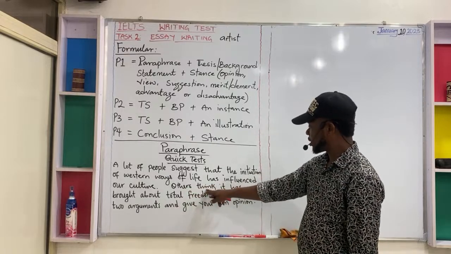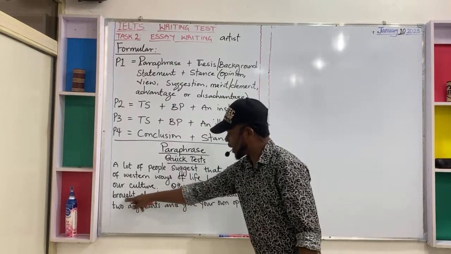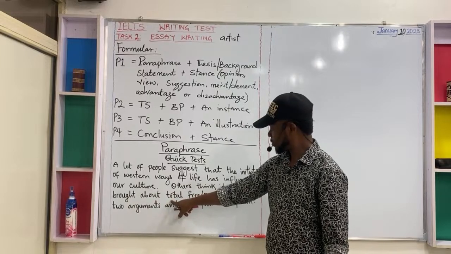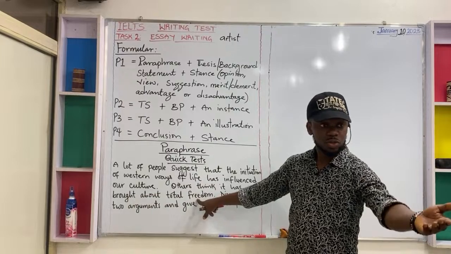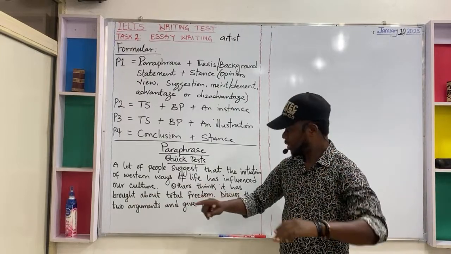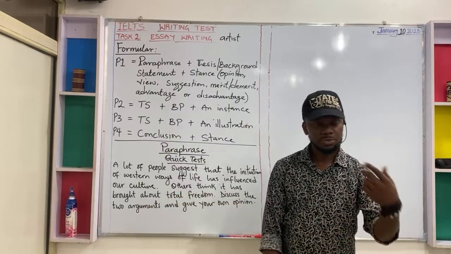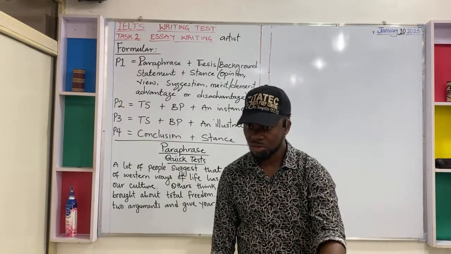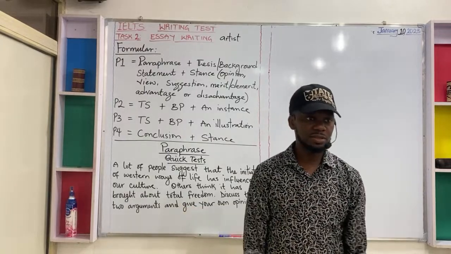Others opine, it has led to absolute, complete expression. How about absolute? I said absolute or complete emancipation, absolute or complete independence. Whatever choice of words was used to substitute that's fine.